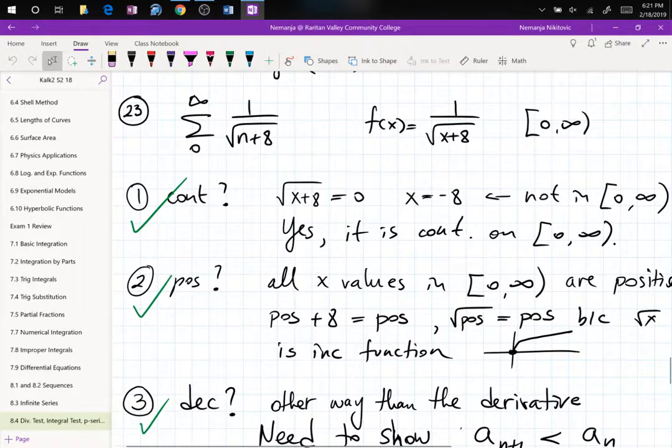Therefore, yes, it is continuous on 0 to infinity. If you go from negative infinity to positive infinity, it will be discontinuous because it will fail at negative 8. However, since we are only chopped here at 0 to infinity, the problem point is not included. Therefore, it's all good and it's continuous for the piece that we need.